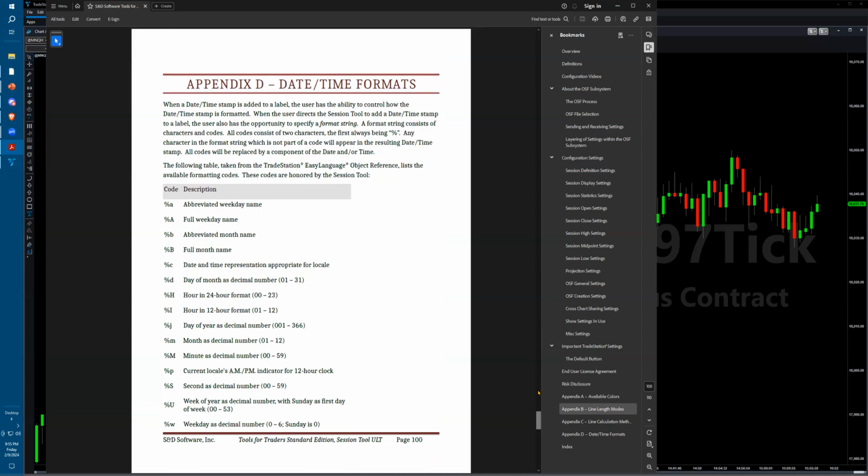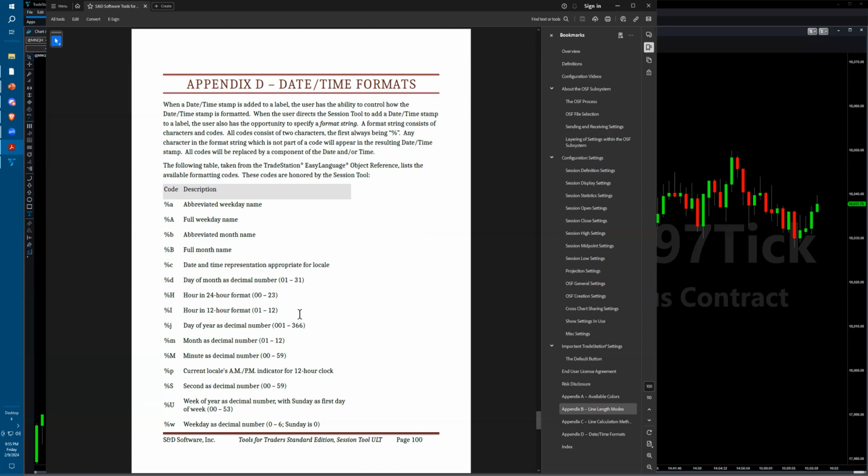And so Appendix D gives you the codes to use to extract different parts of the date and time stamp. You can make a string of these codes to pull out the values that you want, and you can add additional characters to separate them, or make it look like what you want.